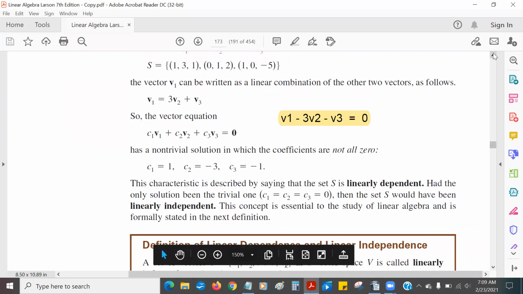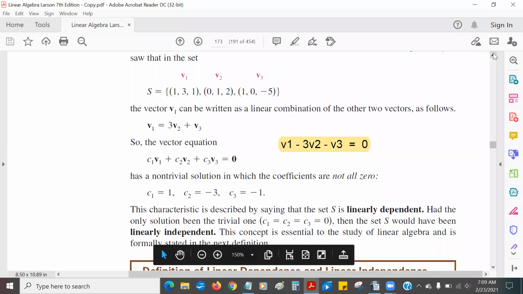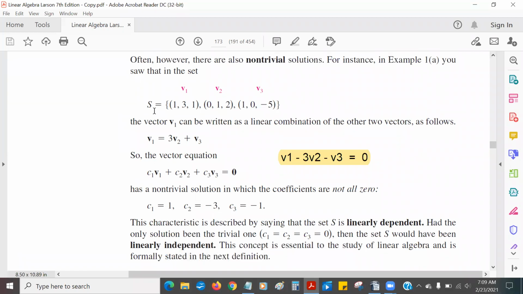Let's look at this one. S is the set (1, 3, 1), (1, 0, 1), (2, 1, 0, -5)... these are 3 vectors in R3. We already did the work in example 1 to see that v1, which is (1, 3, 1), can be written as 3 times v2 plus v3.